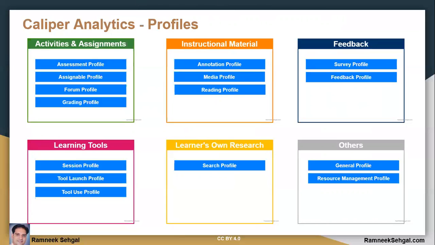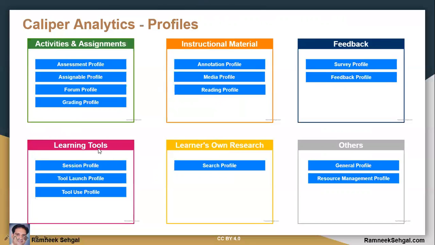If we want to capture video related stuff, like video started, video completed, whether closed captioning was used or not. Then we have a reading profile, where we can see which particular page was viewed by a student and so on. Then we have feedback related profiles, like the survey profile, where a questionnaire is sent to a student and the related information is captured. Then when feedback is shared, that information is captured by the feedback profile.